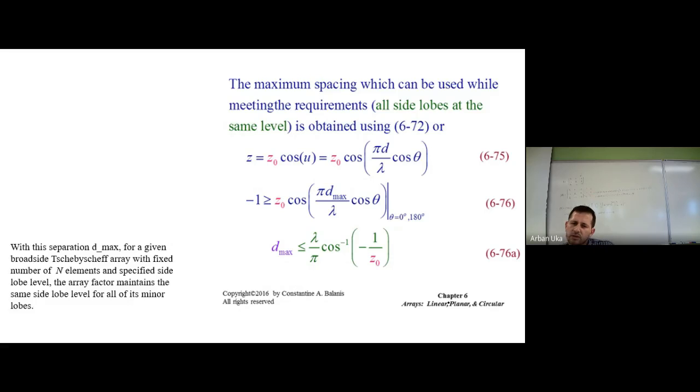And let's try to understand how we get this. Dmax can be smaller than or equal to lambda divided by pi times cosine inverse of 1 over z0. Let's try to observe this z.